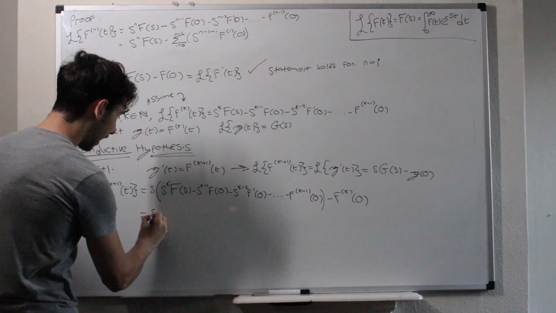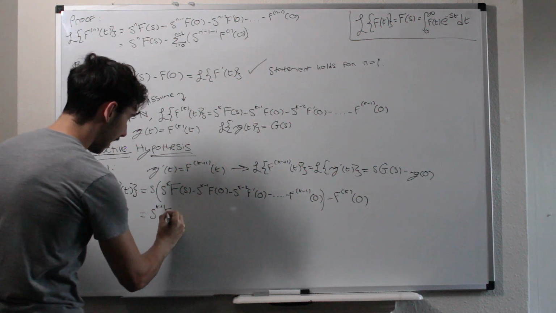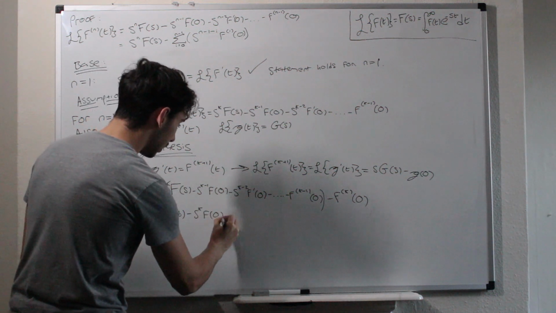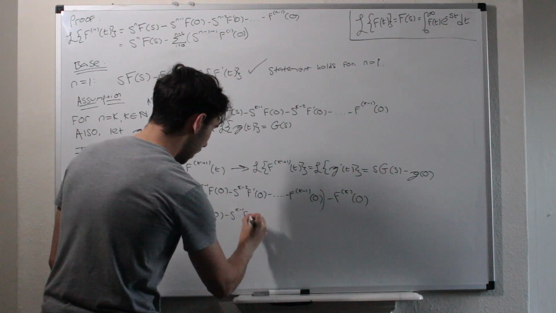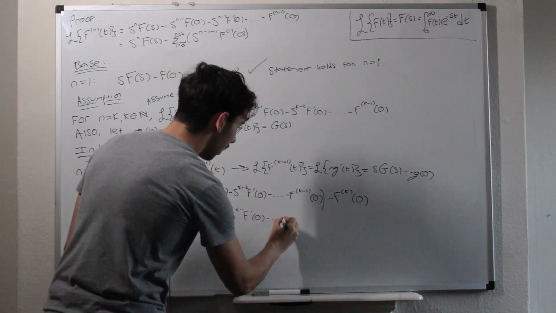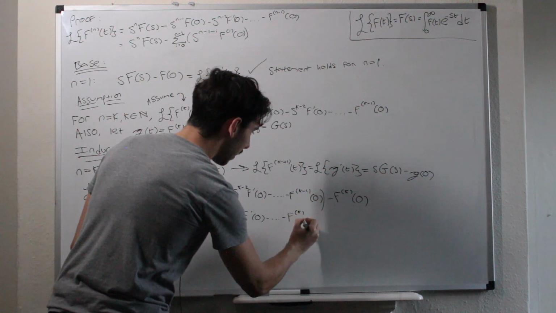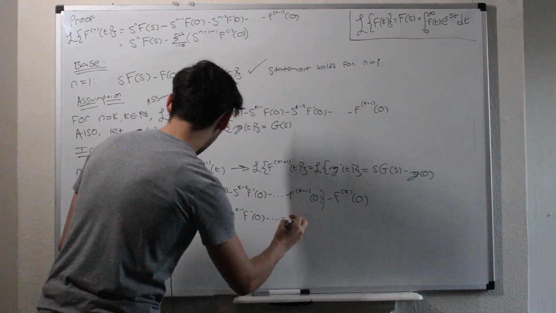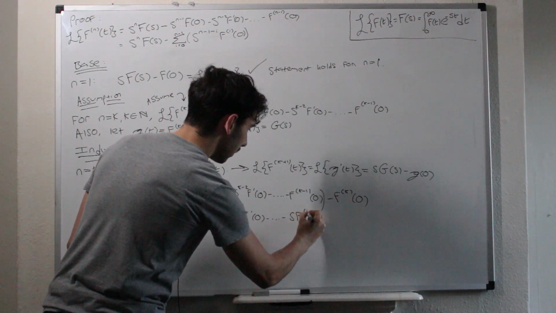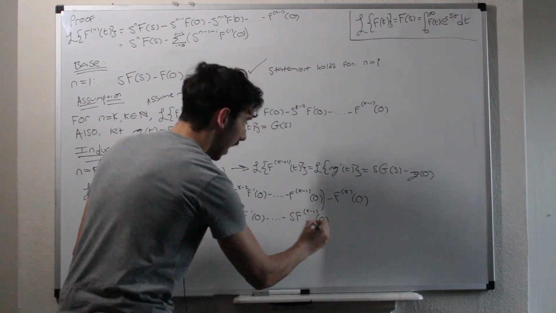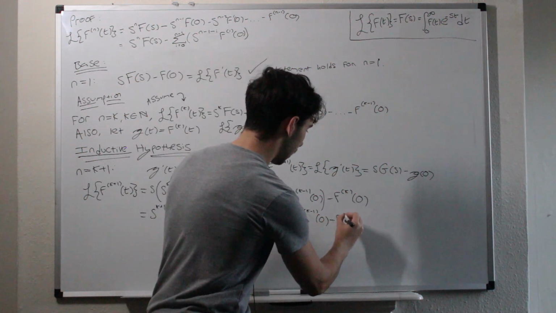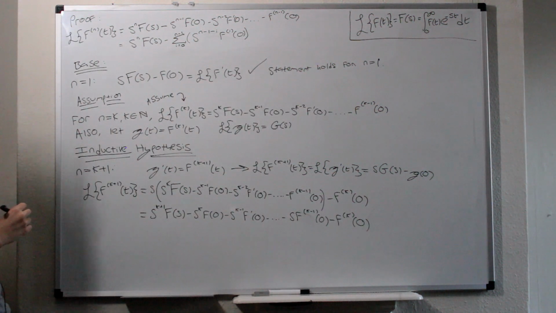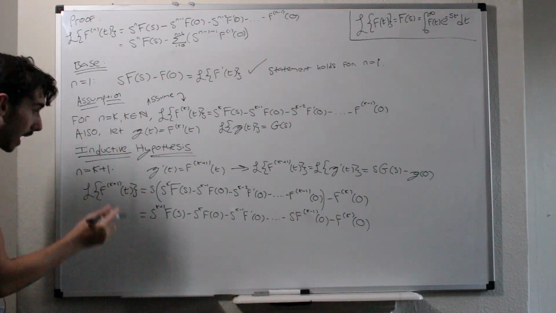So we get s now to the k plus 1 F of s as we expand, minus s to the k lowercase f of 0, minus s to the k minus 1 first derivative at 0, all the way down to s times the k minus 1th derivative, my mistake, and then minus the kth derivative evaluated at 0, like that. And I'll just move out of the way so you can see that. That's it. And that really is it.